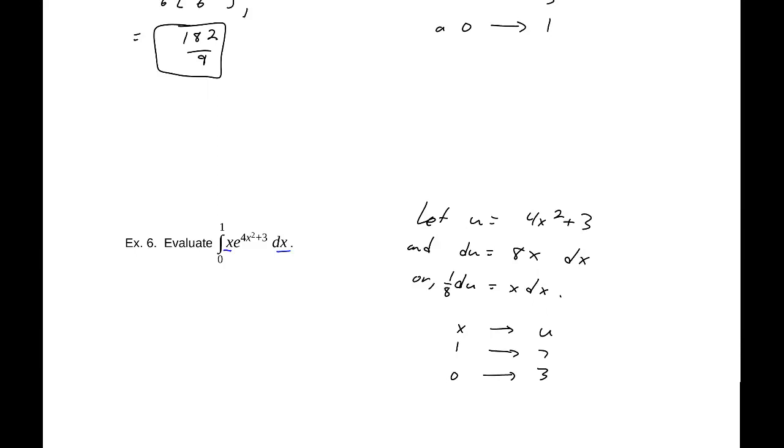So I'm going to take the integral from 3 to 7 of 1/8. I'll go ahead and factor that out. du, and that is e to the u. Well, that will be e to the u. It's the only function that is its own antiderivative.